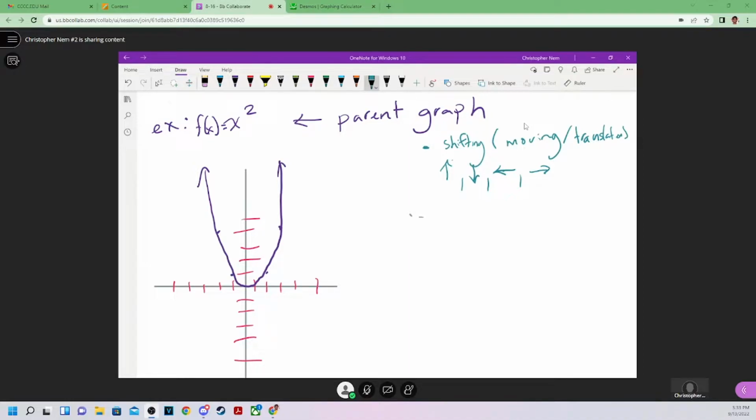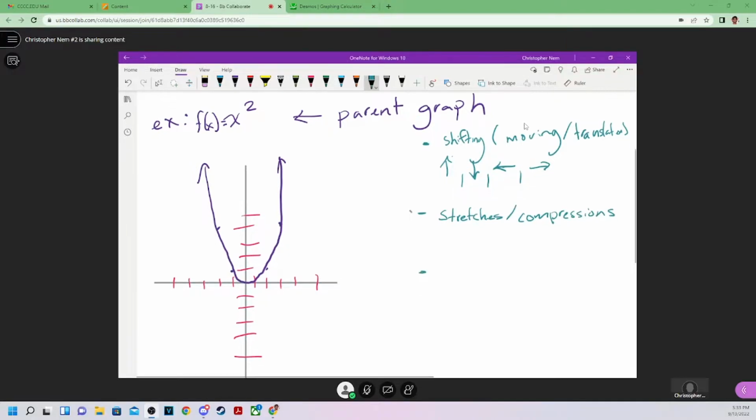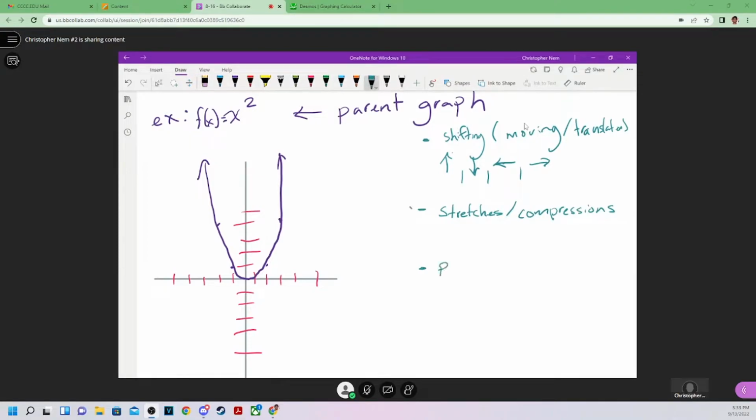You have shifting, you have stretches or compressions of a graph. You also have reflections across the x and y axis.